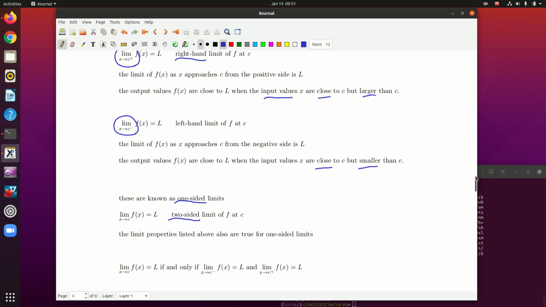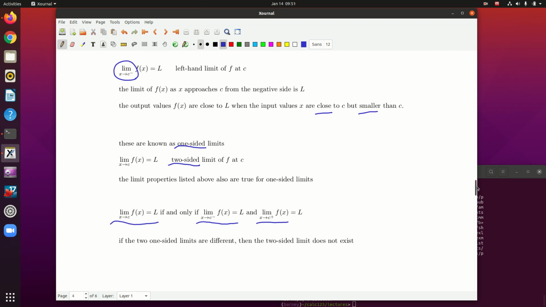And furthermore, this limit, the normal limit, the two-sided limit, has the value L if and only if the two one-sided limits both exist and they're equal. So I suppose maybe we should draw a quick picture. So here's an example where something goes wrong.